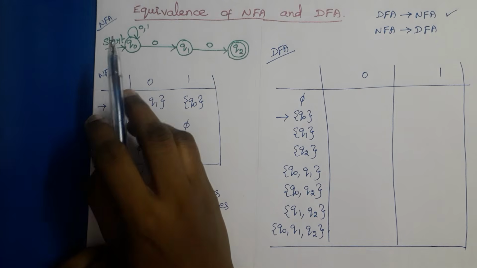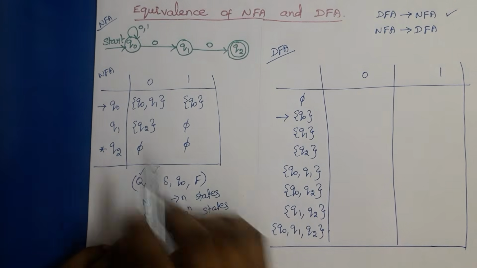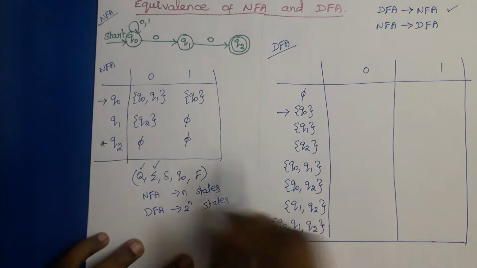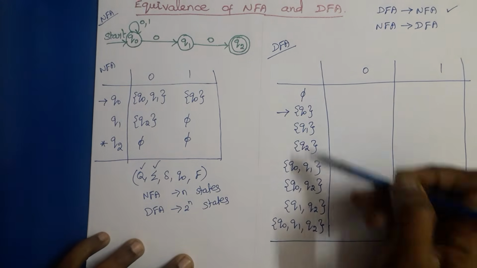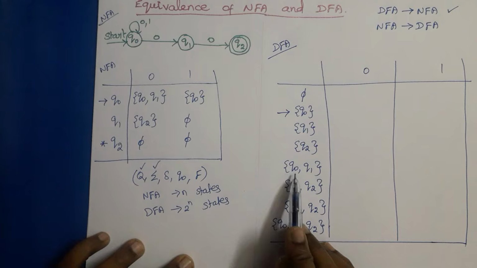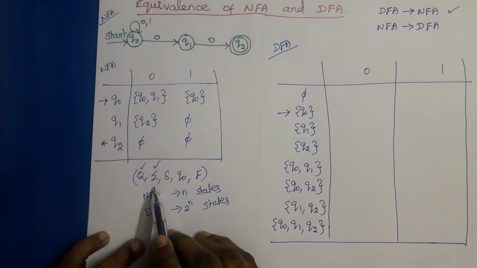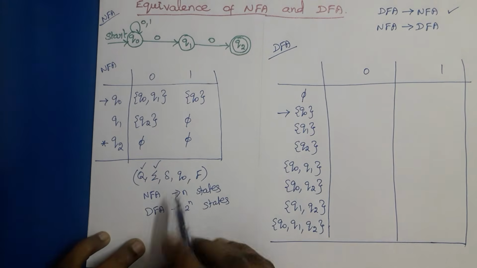For each input, there must be only one transition, so {Q naught, Q1} should be considered as a single state. So here all are representing single DFA states. {Q naught, Q1} is one state. Similarly, {Q naught, Q1, Q2} is also considered a single state. So if Q naught is the start state, {Q naught} is the start state of the DFA.